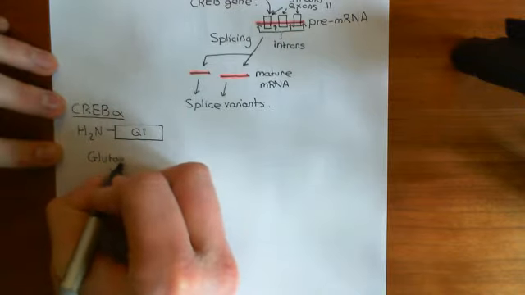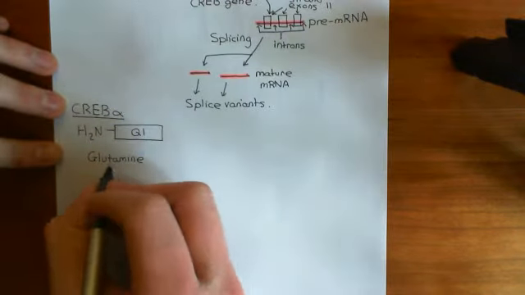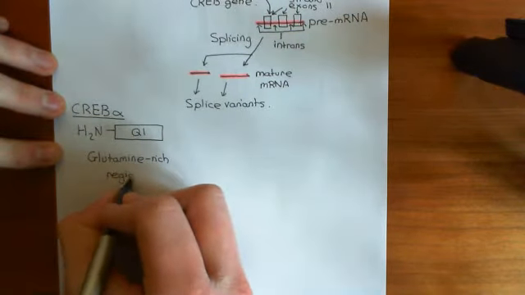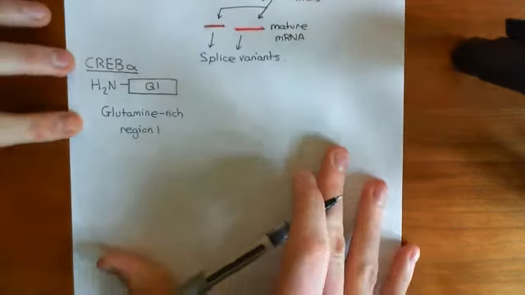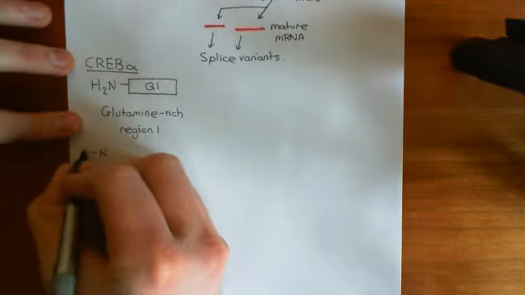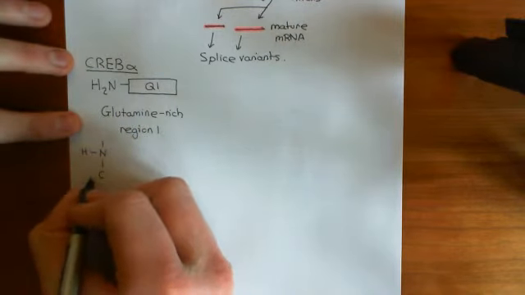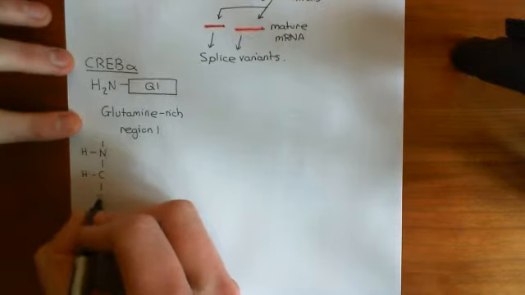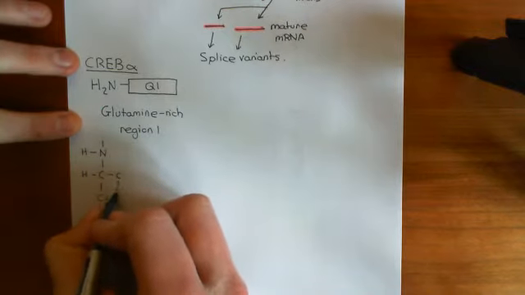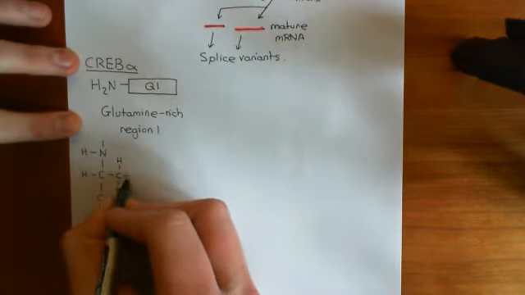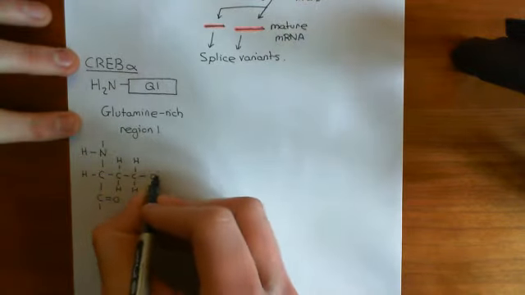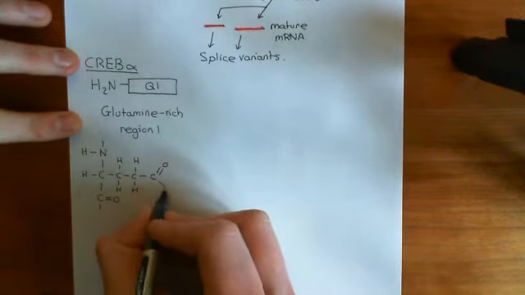So Q is the single-letter amino acid code for the amino acid glutamine, okay? So this is the glutamine-rich region 1, also called Q1. So let me just show you the structure of a glutamine amino acid residue. Okay, so here is the core amino acid structure. Here's the amino group, the alpha carbon with a hydrogen coming off it, the carboxylic acid group, and then the R group of glutamine consists of 2 methylene groups, like so, and then a primary amide group off the side of that, so a carboxylic acid group with an amino group coming off.